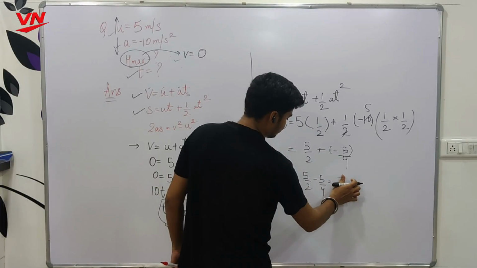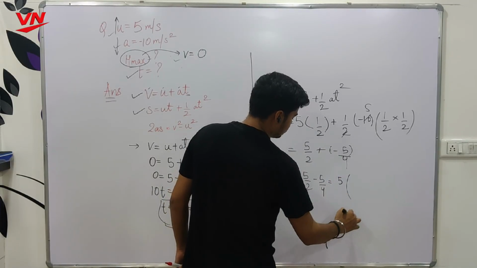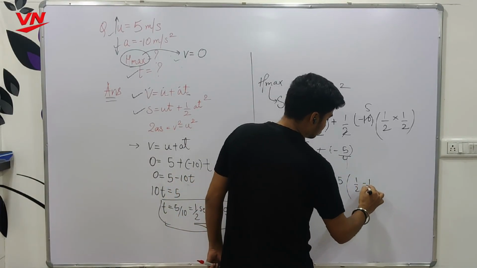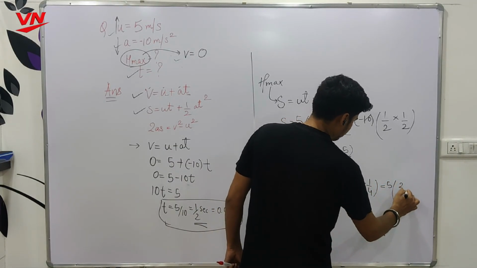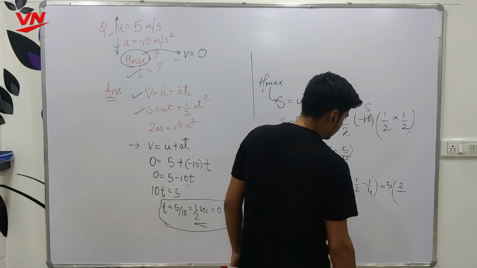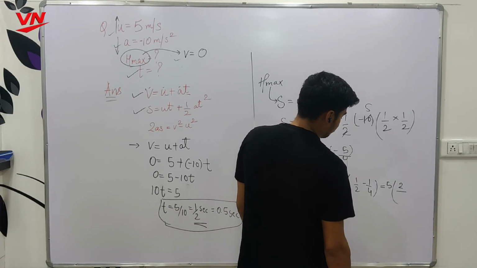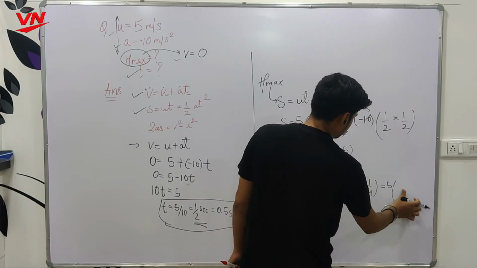What will I get? If I take 5 common, I will get 1 by 2 minus 1 by 4. If you take the LCM, that will be 2 minus 1 by 4. Okay, you can also take the LCM like this.